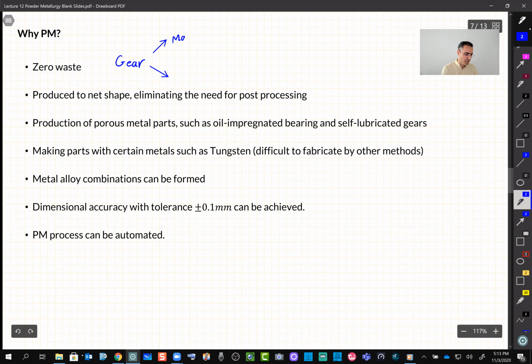So if you can make it by machining, you can also use powder metallurgy. So it's obvious that powder metallurgy means less waste, right? So more material saving.